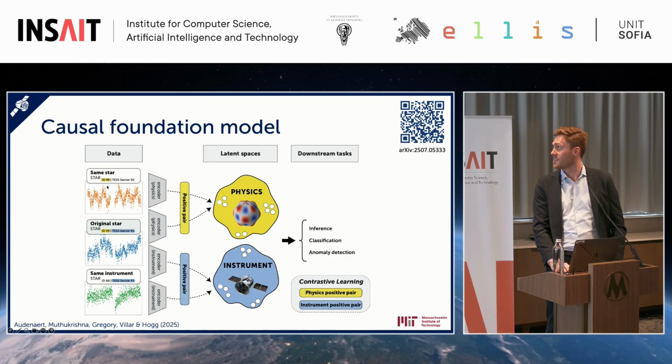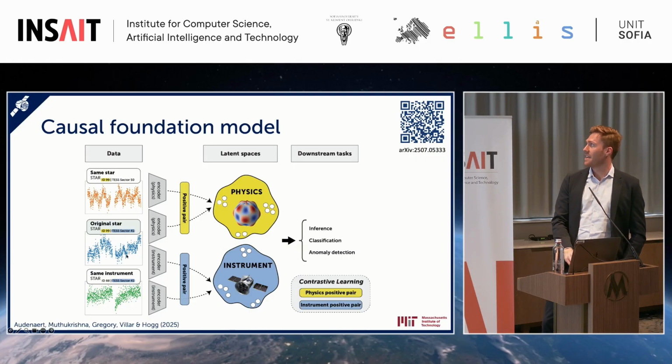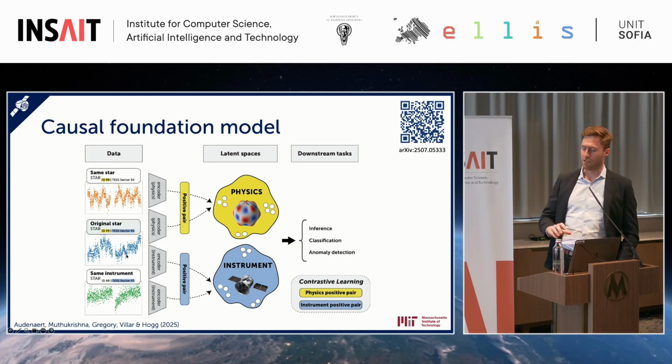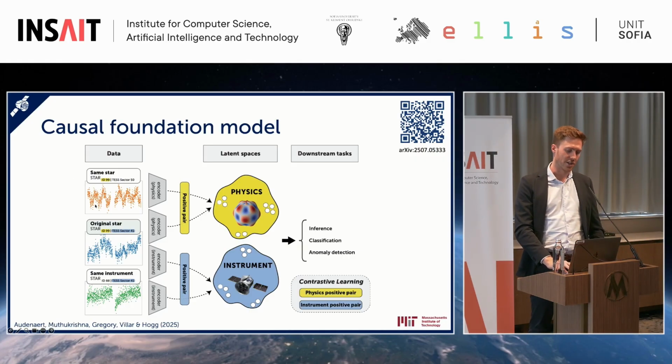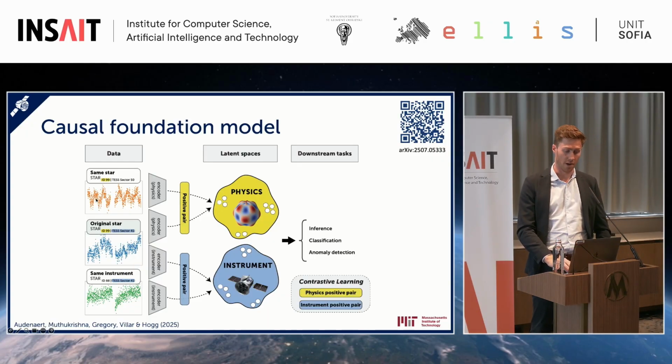So here you can see the arrow over here. We take a random star, for example, that was observed during time window 41, let's say. You see, okay, this is what it looks like. Then, in order to construct the physics space, we take an observation of that same star, but observed under different instrument conditions.